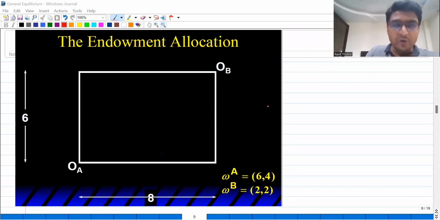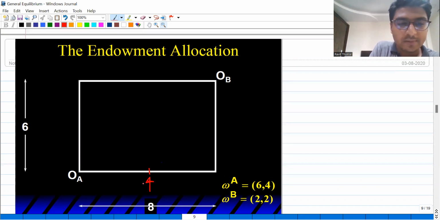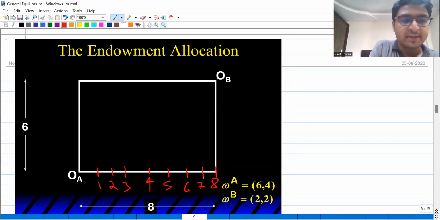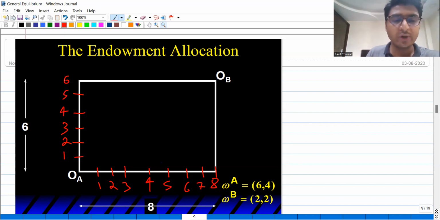So now let's talk about कि आप इस बॉक्स में कोई भी एलोकेशन को कैसे देखोगे. Okay, so we have total 8 units of good X in this economy, right? So 1, 2, 3, 4, 5, 6, 7, and 8. Similarly, 1, 2, 3, 4, 5, and 6 units of good Y in total in this economy.